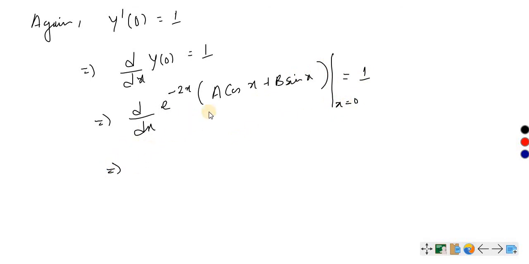If I just differentiate this, I will get e to the minus 2x.